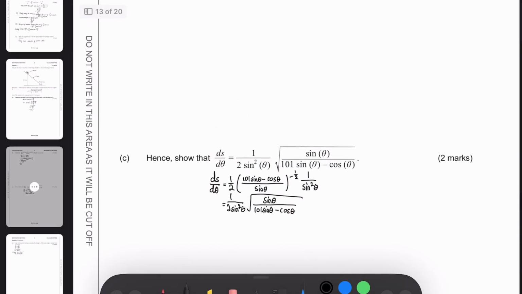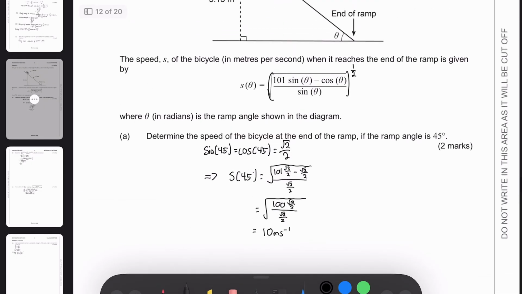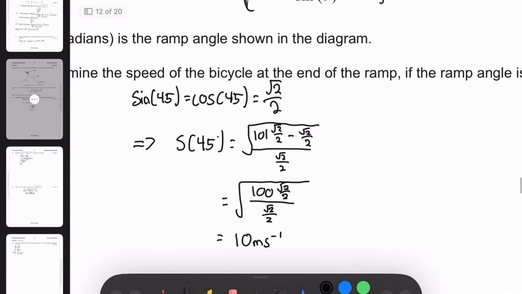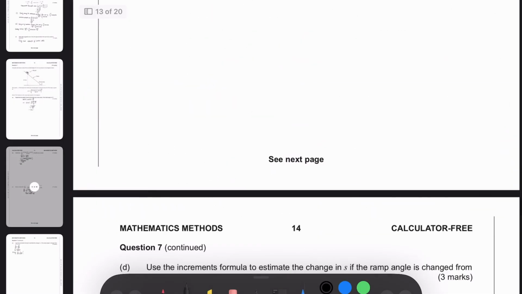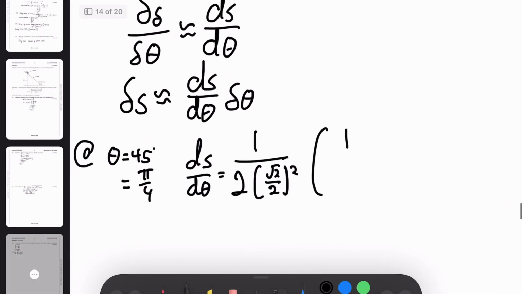Now what you might notice is that this is actually just the inverse of our s function here, and we already found what the s function was when it's at 45 degrees, or pi on 4, which is 10. But this is actually just going to be 1 on 10.